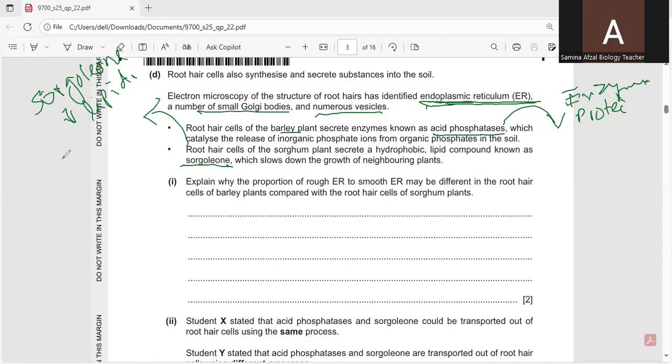First of all, I would like to go with the barley root hair cells. These cells secrete acid phosphatase, which is an enzyme and chemically a protein. Proteins destined for secretion are synthesized on the rough endoplasmic reticulum and processed through the Golgi body. Therefore barley cells will have a high proportion of rough endoplasmic reticulum.